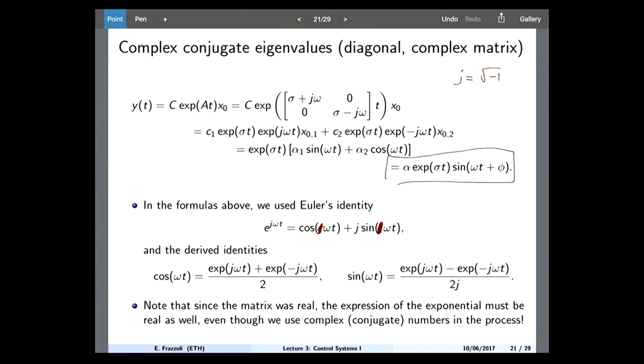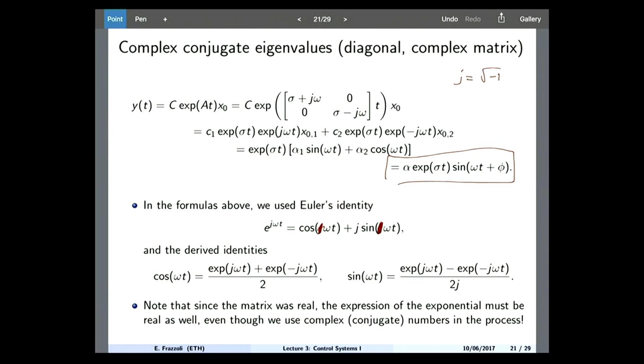My solution will be given by some constant multiplying an exponential with the real part of the complex conjugate eigenvalues, times the sine of the imaginary part of the eigenvalues times t plus some angle. This will be a phase, another constant that depends on initial conditions. You can either write it as the sum of a sine wave plus a cosine wave, or as a sine with a phase. The two things are exactly the same.